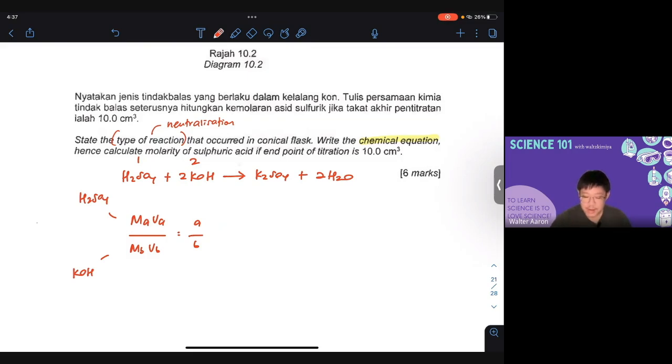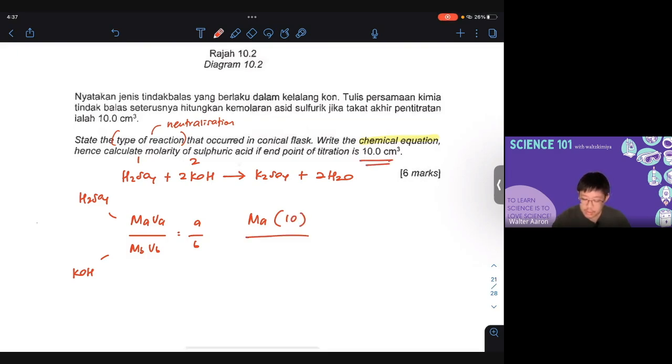So right now our idea is to get MA. All right, MA is the molarity of the acid itself. And the ratio is a 1:2 ratio, right? So it's easy to see that. So what we can do is we can substitute the value in. Currently what I have is I want to find the MA. My VA is supposed to be 10 according to here.